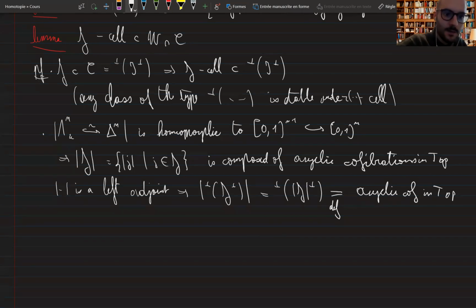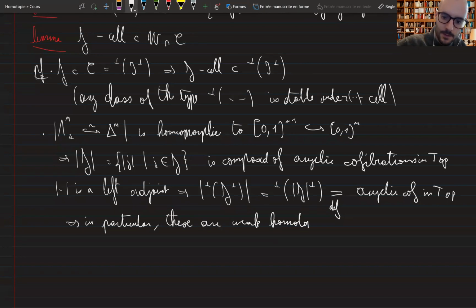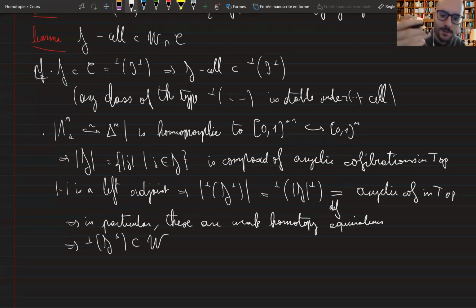So in particular, these are weak homotopy equivalences. All right. And so it follows that these are all maps which are sent to weak homotopy equivalences under geometric realization.